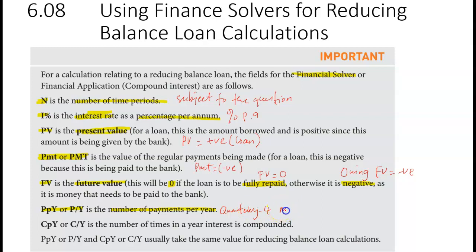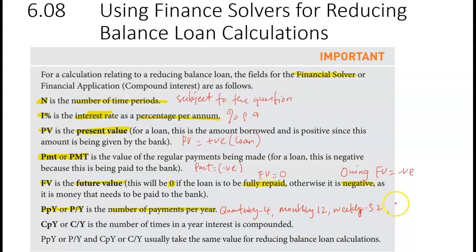If I go by monthly payment, in 1 year you have 12 months. Another example, let's say I go by weekly. How many weeks in a year? You have 52 weeks.